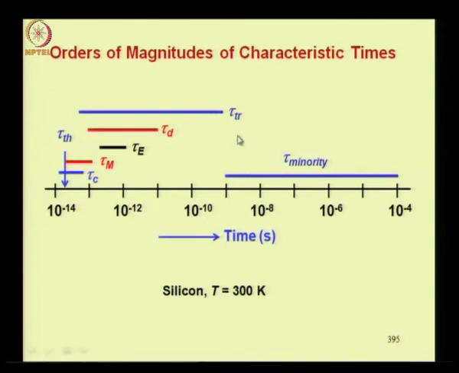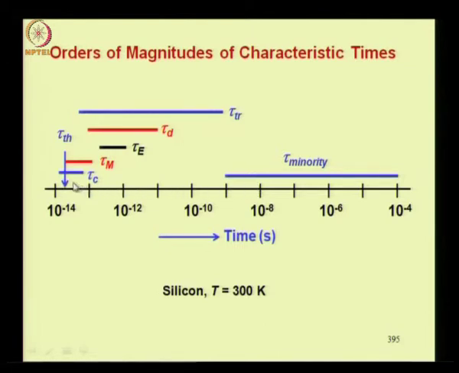We showed that the minority carrier lifetime tends to be the highest among all the time constants, and the time calculated from quantum mechanics for the minimum time between collisions for which the particle approximation can hold happens to be the minimum on this scale. Other things lie in between.